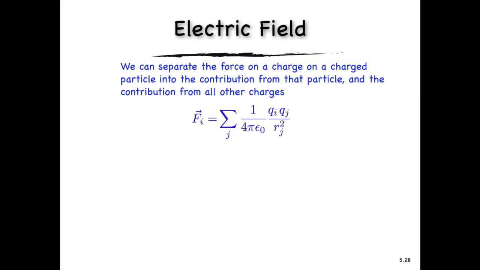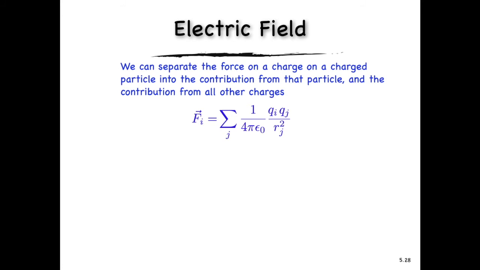So Q sub j represents the jth charge in a distribution, and we're going to add up all of those j charges to find the force on charge I, which is what we're calculating here. I know the math can get a little bit ugly and messy and look involved, but that's all that's saying. So this is the force on some charge due to all the other charges around it that we add up. And each one just contributes something that looks like Coulomb's law, and I should have a little r hat vector in there. That's an error.